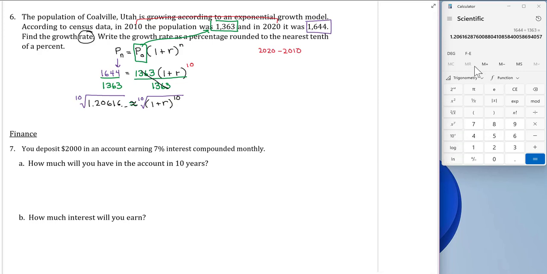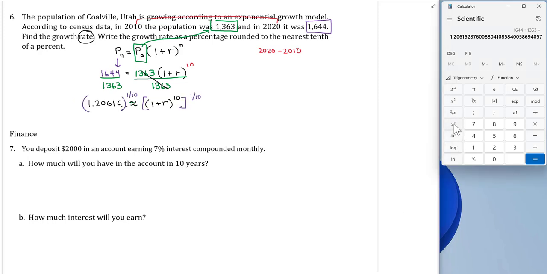Doing that in my calculator, I've got my 1.206 on my calculator already. I'm going to take that to the root of 10. Now, most calculators have this. Mine doesn't, but if you watch some of the videos, the other option is to take this to the 1/10th root power.